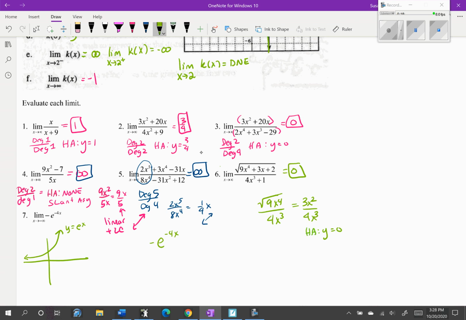So we are reflecting it across the y-axis.